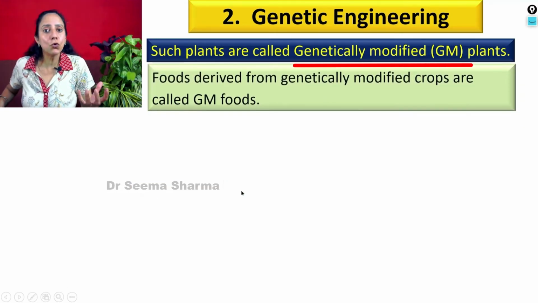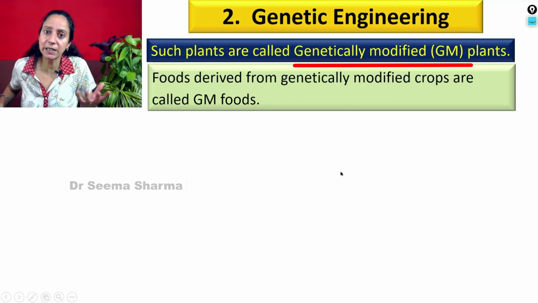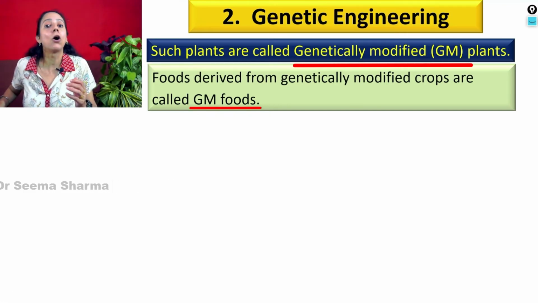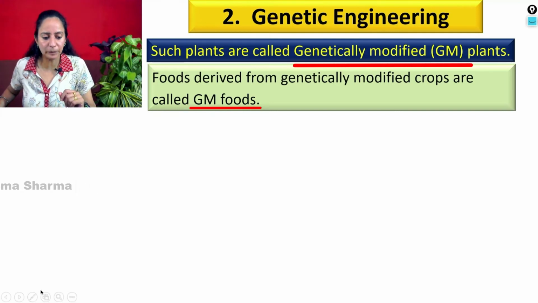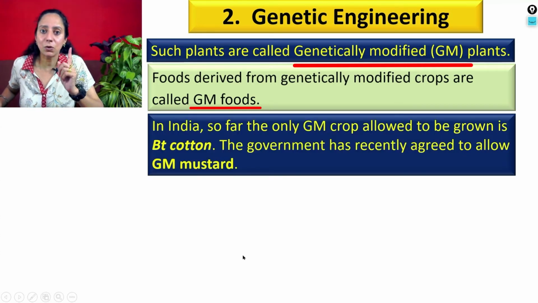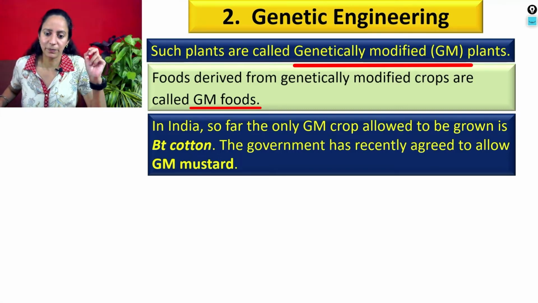Now the food derived from these genetically modified crops is called GM food or genetically modified food. A large number of countries are making genetically modified plants, but India has allowed only one plant to grow in the country, and that is BT cotton.